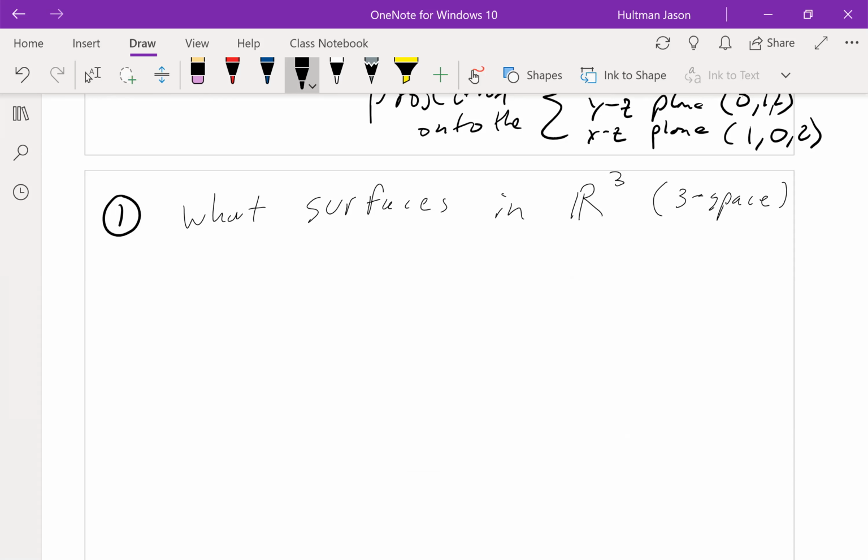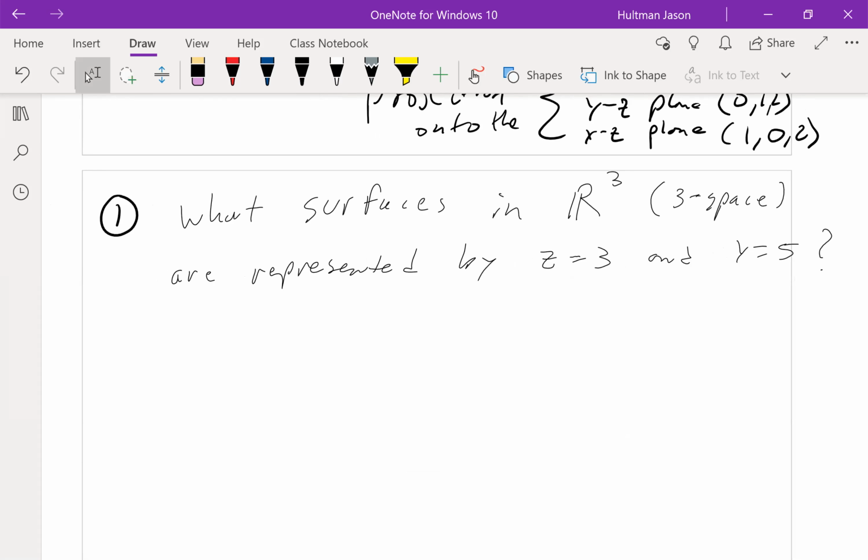This is your 3-dimensional Cartesian coordinate system, which we just call 3 space.